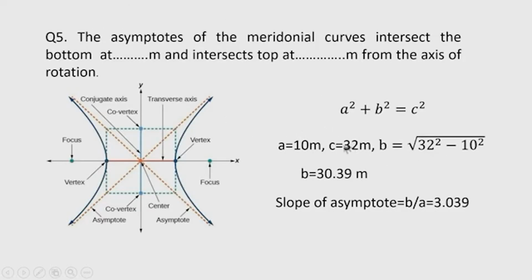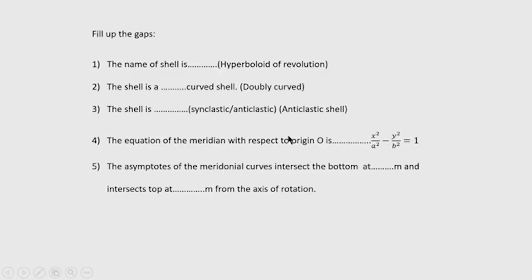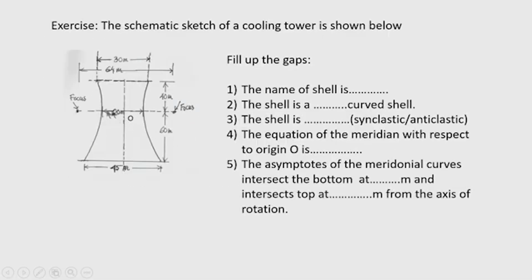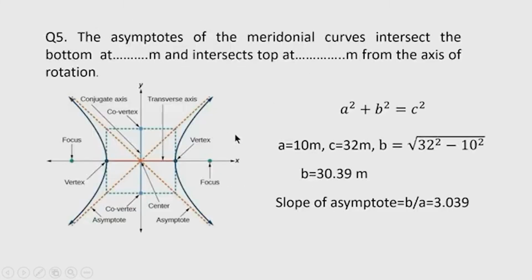So, c is 32 meter, and you can see the length of the transverse axis is 20 meter, that is a is 10 meter. Okay. So, a is 10 meter. Therefore, b is found as root over 32 square minus 10 square. So, b is 30.39 meter.